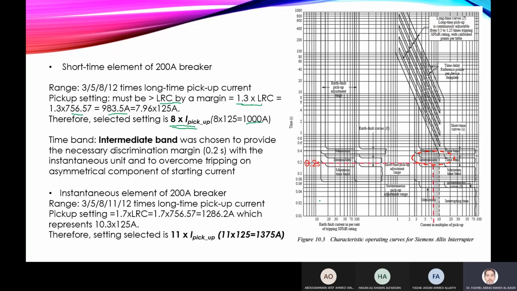I want to choose, at this starting current, which is 8 times the pickup, so where is 8 times pickup? This is the 8 times. At the 8th time, I want to provide 0.2 seconds as coordination.